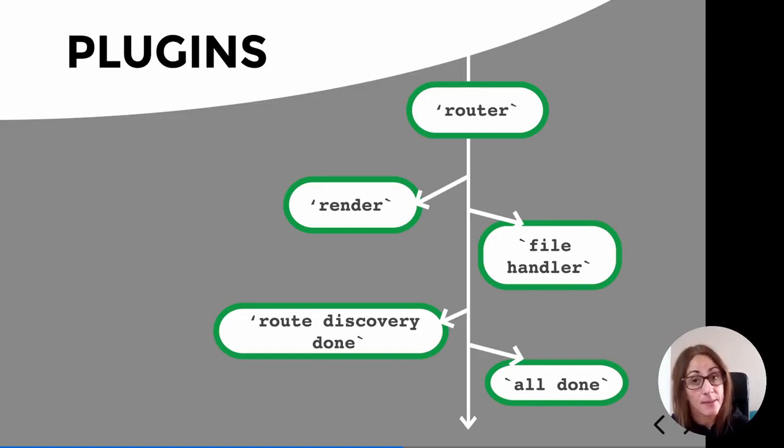Apart from the inbuilt plugins, you can write your own, and you can integrate them very easily into the static site generation. But there is yet another way to extend Scully, and that's with the power of Angular schematics, as I'm going to demonstrate later in the demo.